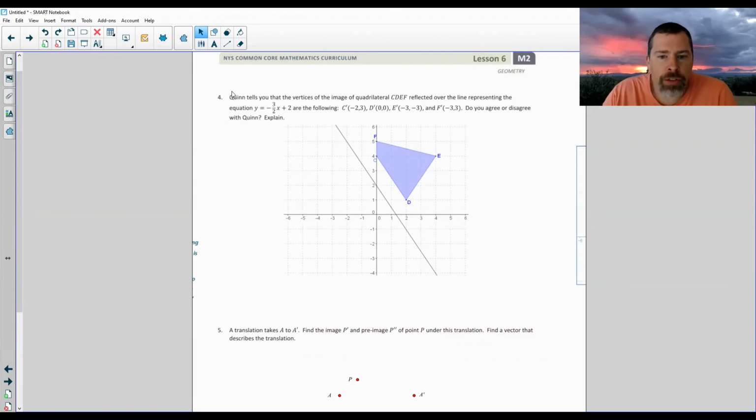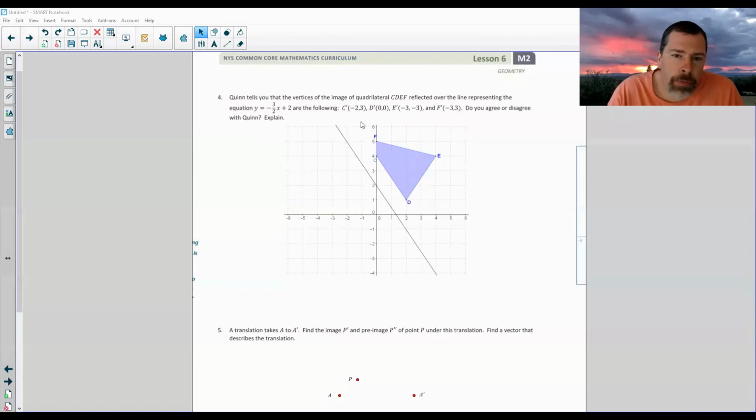So we can't just assume that. So what we need to do is draw a perpendicular line that goes through our line here and our 4 points so that we know how far each one is away. Okay, so how can we do this?